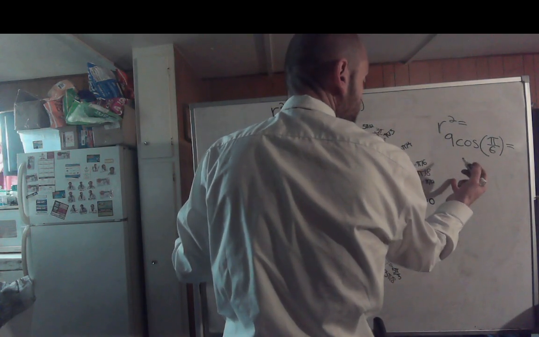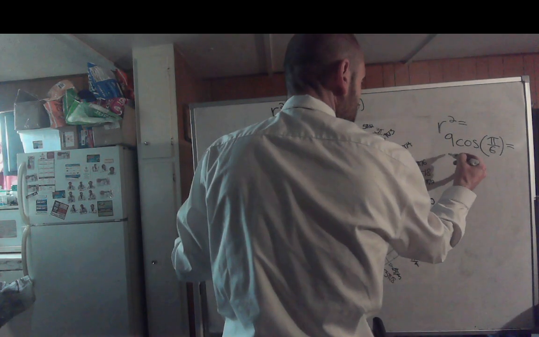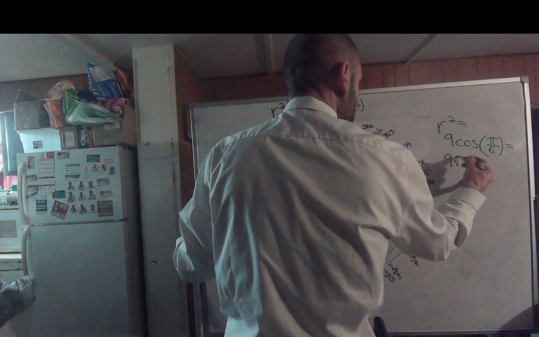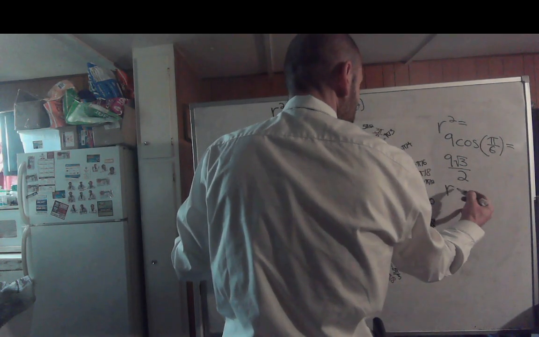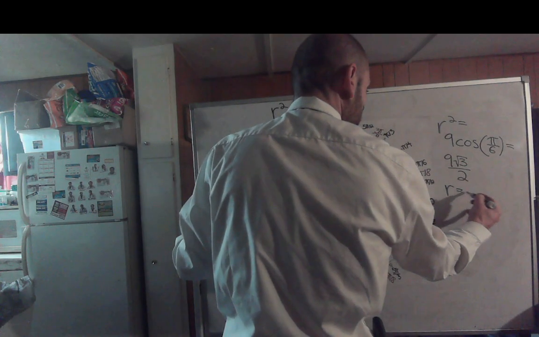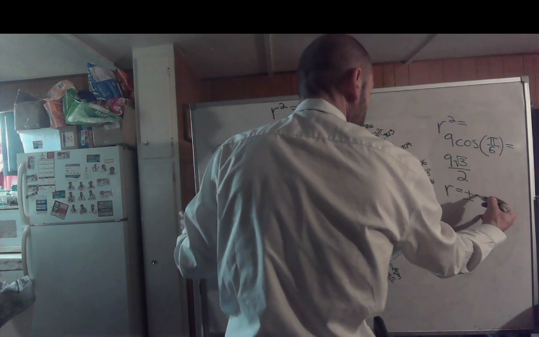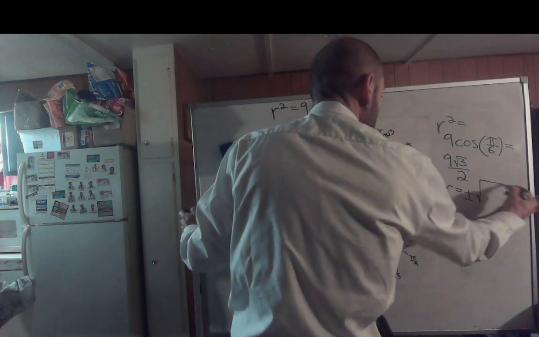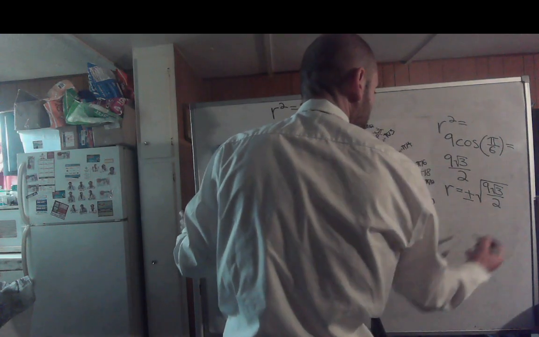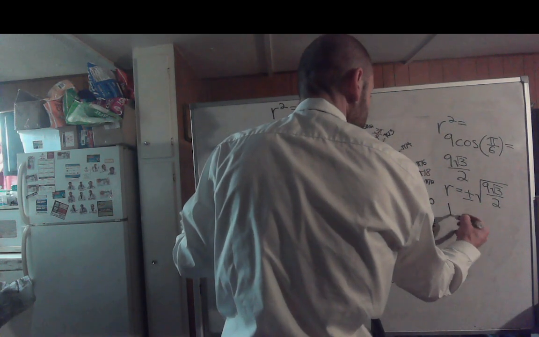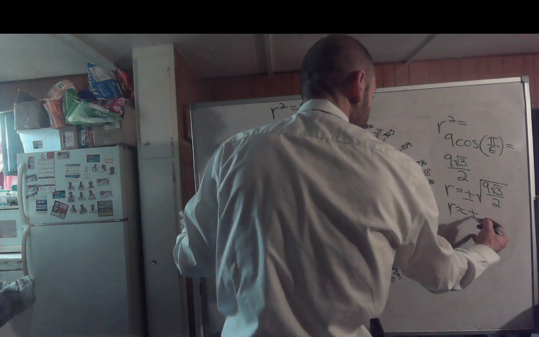That's square root of 3 over 2. So that'd be 9 times the square root of 3 over 2. So r would equal both plus and minus the square root of that, 9 times the square root of 3 over 2. So let's see about where we end up.